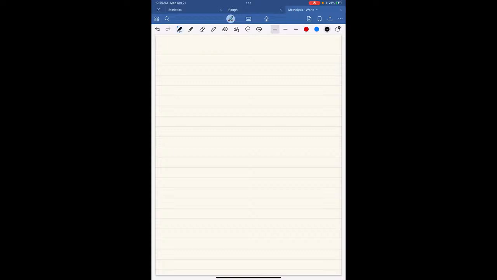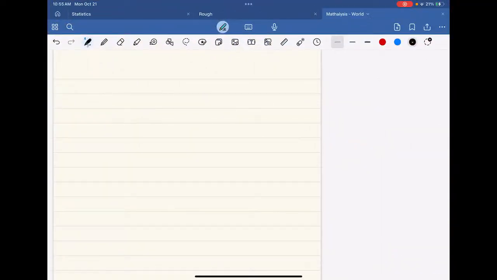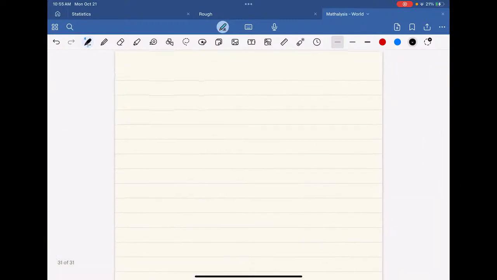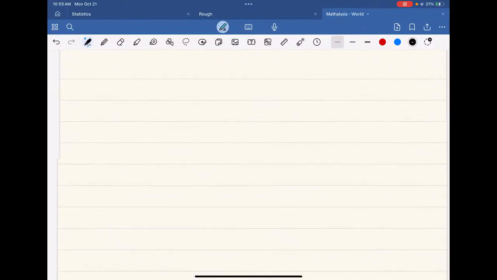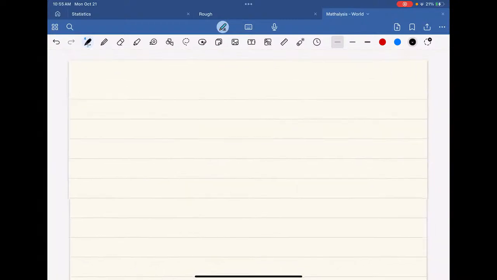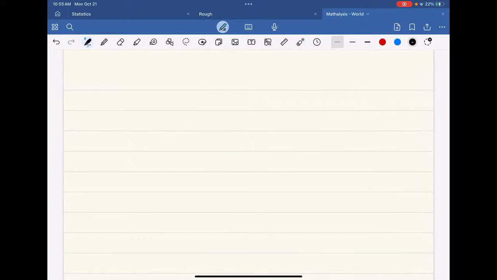Let me see if the live is working well. Oh yeah, I think it's working well. Let me just tilt my screen. I think this one will be good because this works for both PC and mobile devices, right?